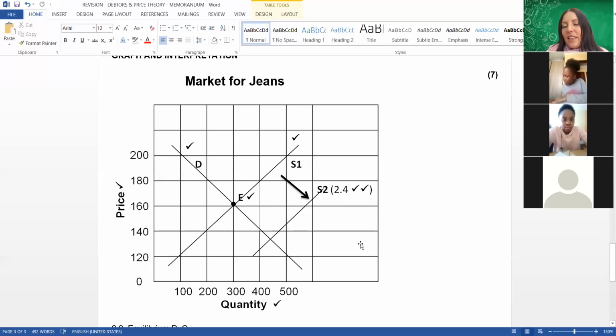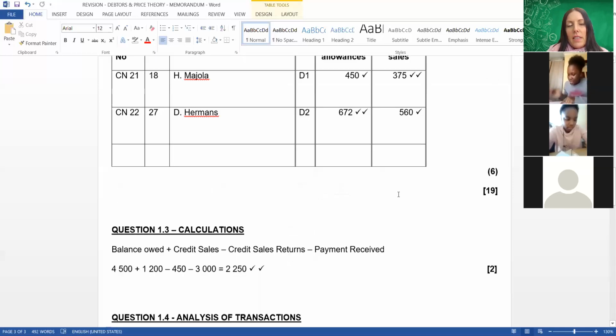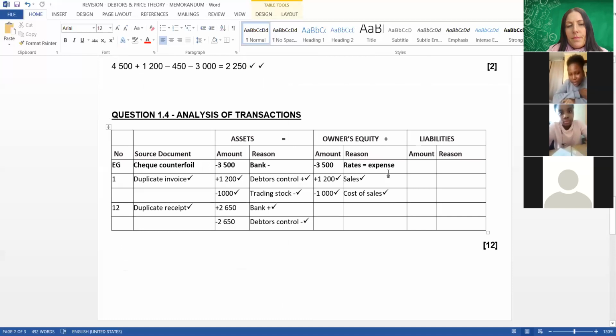Any other questions, grade 9s? Did you do all right? Are you on top of this work? Yes, ma'am. And ma'am, also, can I ask on question 1.4? Yes. Doesn't the debtors control increase? Where? Which one? Number 12. Transaction 12.